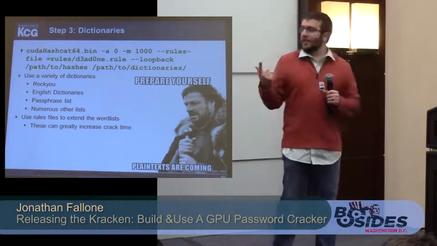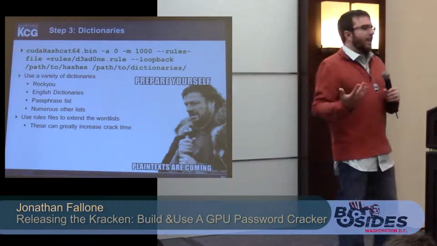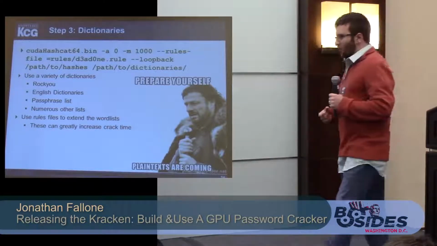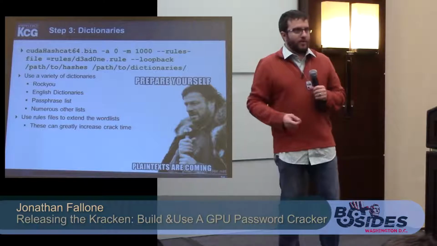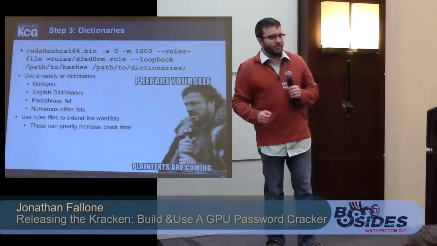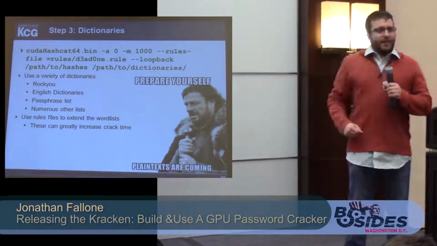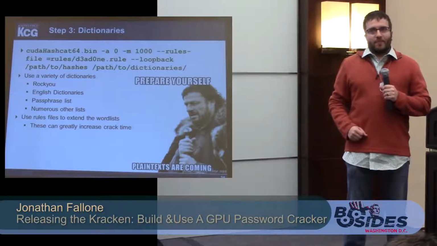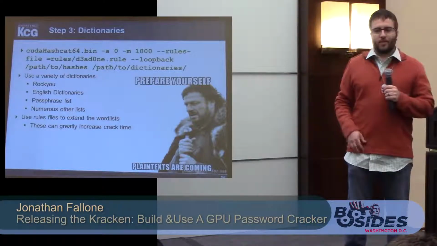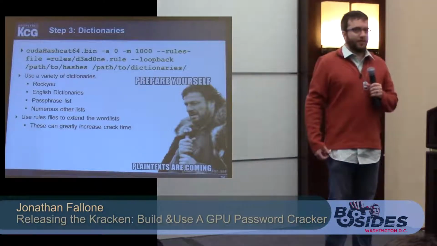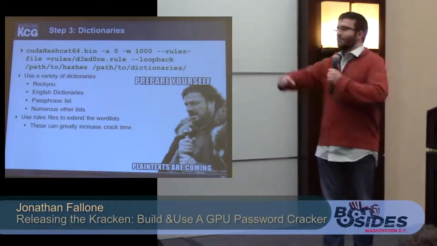Use passphrase lists. Where do you get all your word lists, right? There's this great invention. It came out 15 years ago or something like that, I think. It's called Google. If you Google list of every Wikipedia article out there, you will get a word list of every Wikipedia article that exists.